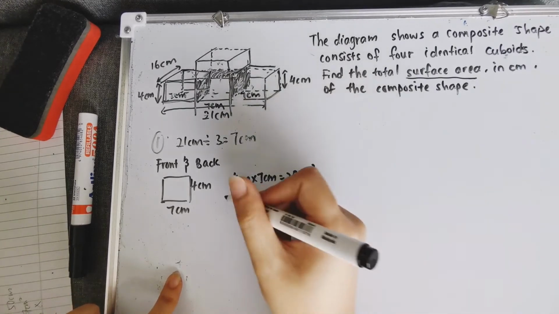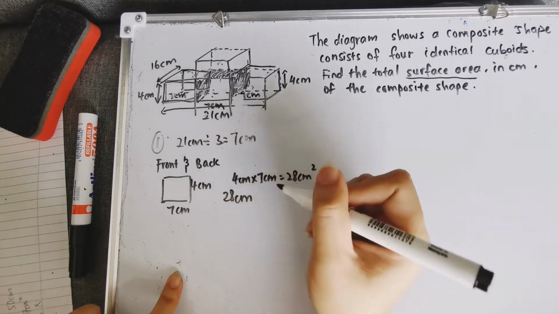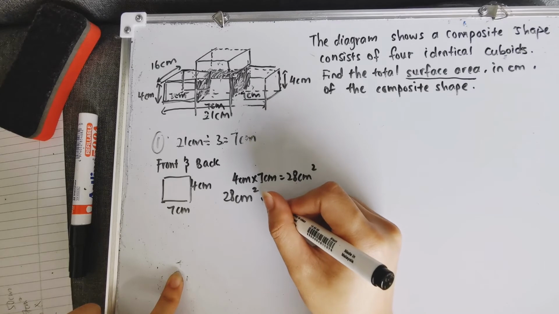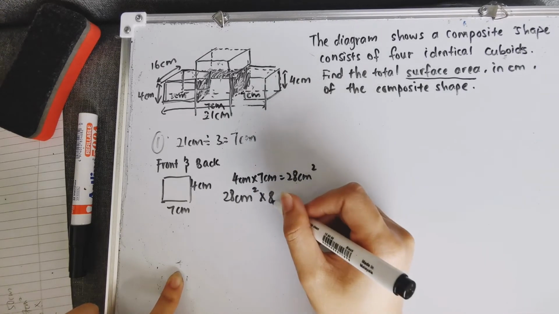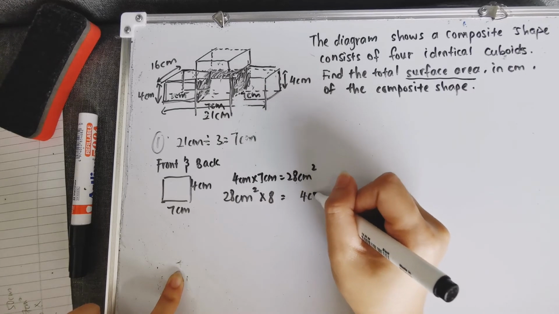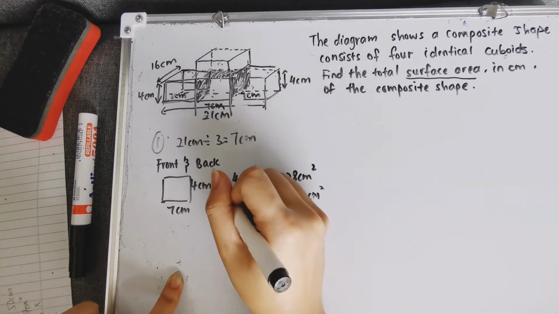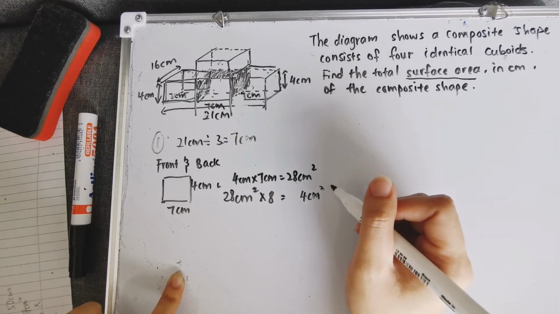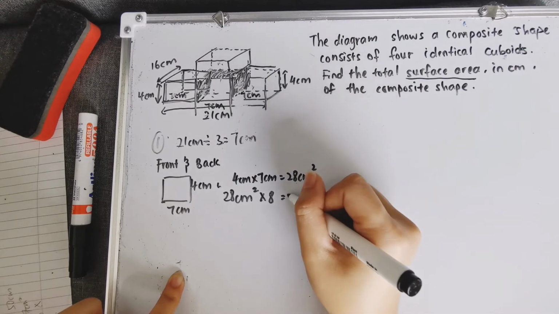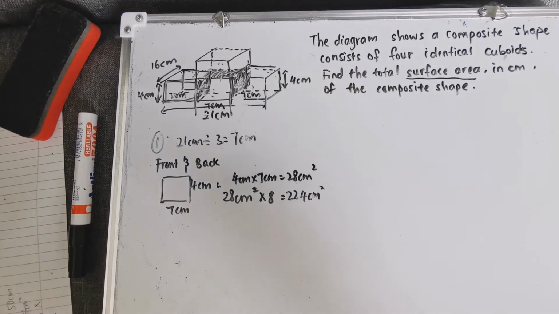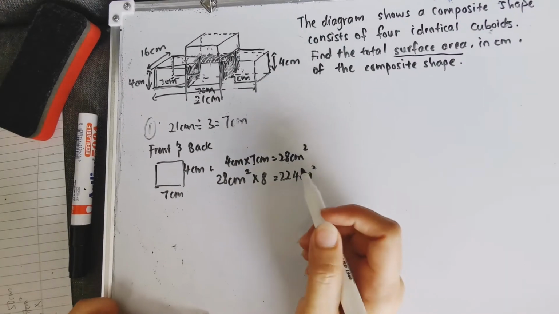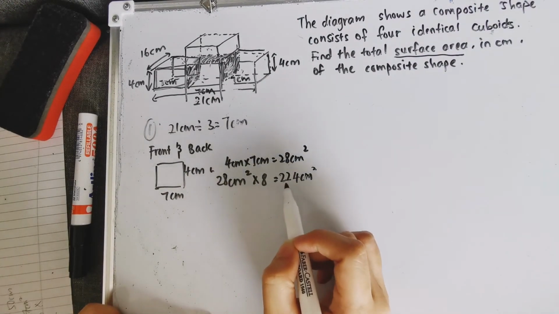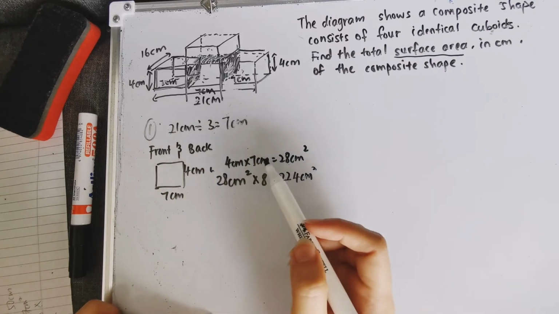So we have to times 8. 28 cm squared times 8. 8 times 8, 64. 2 times 8, 16. 16 plus 6, 22, so 224. So 28 times 8 is 224 cm squared. So this is front and back.